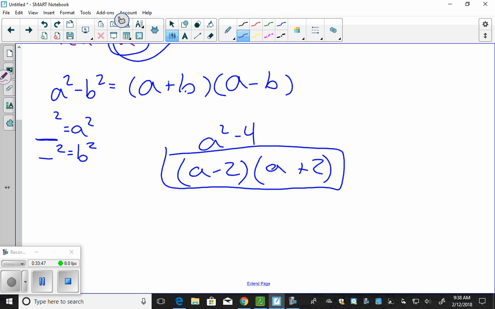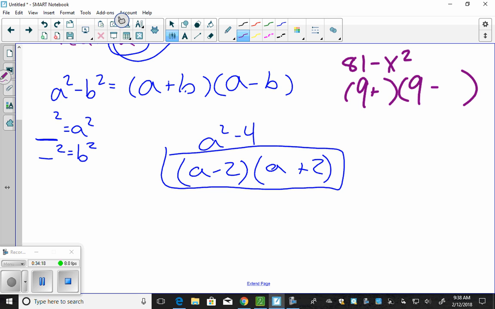Let's look at another example. 81 minus x squared. Opposite signs in the middle. What number do I square to get 81? So 9 goes in front.